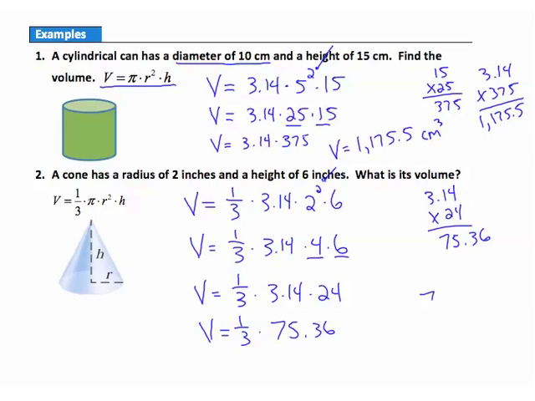So I'm going to take this 75.36 and divide by 3. When I do that long division, I'm going to get 25.12. And so the volume of this cone is 25.12. We are measuring in inches, so we want to say that that is inches cubed.